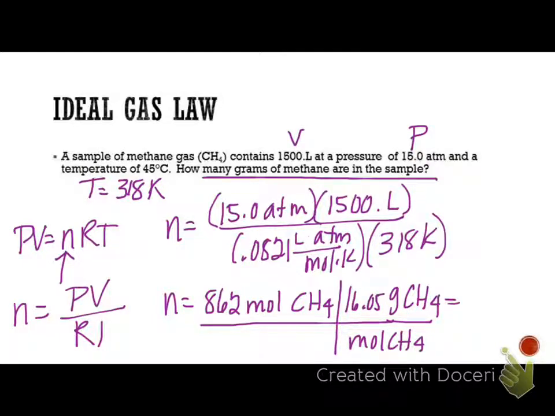All right, and then I need to figure out how many significant figures I need my answer in. Smallest number, after we convert the temperature, is going to be 3. And so that ends up being 13,800 grams of methane. And so that's how that problem would work if you have one like that.